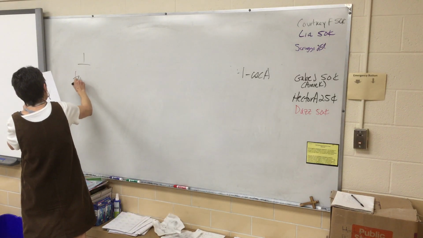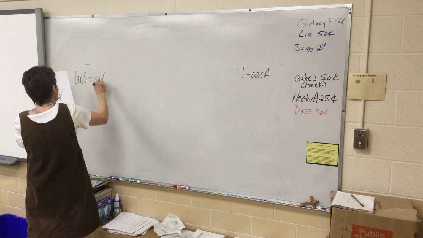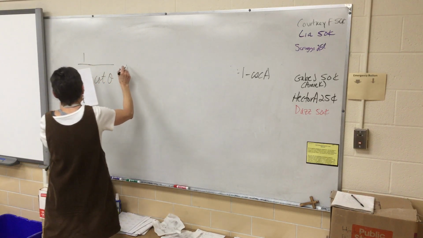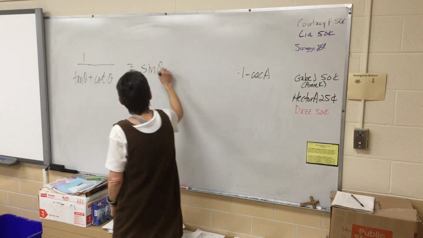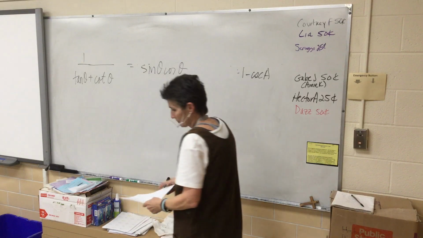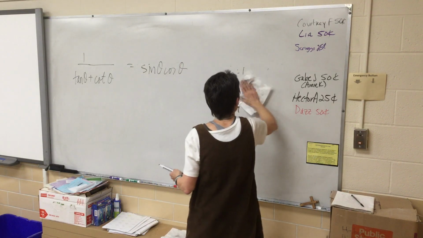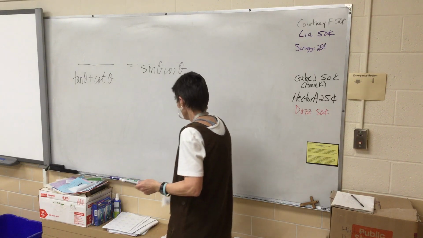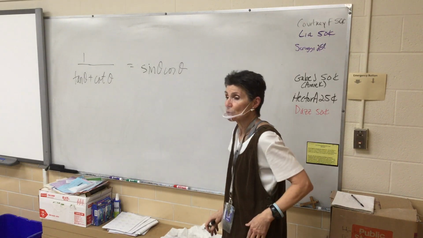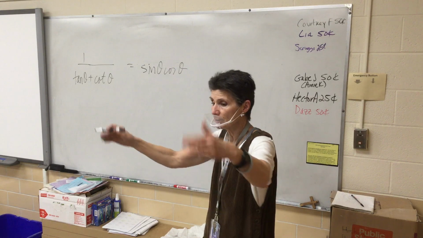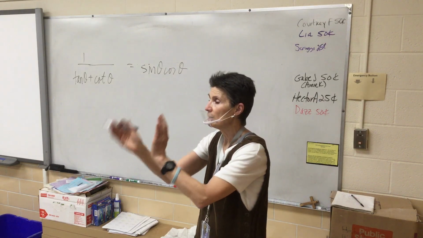1 over tangent plus cotangent, and it's 1 over all that, equals sine times cosine. Okay, what's your thought? Pretend this is tomorrow. Here's the question. What are you going to do?